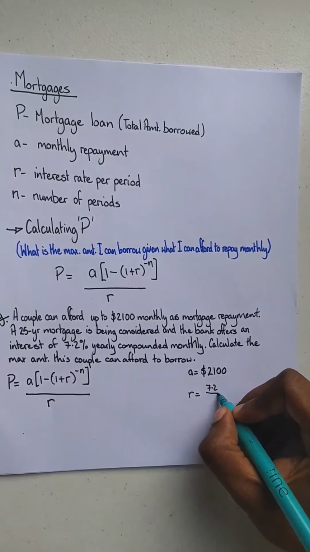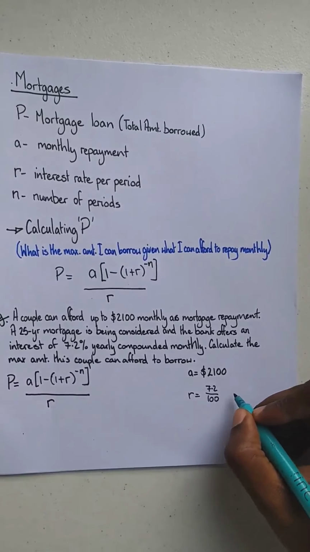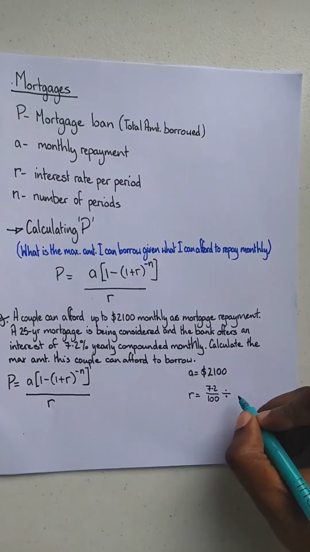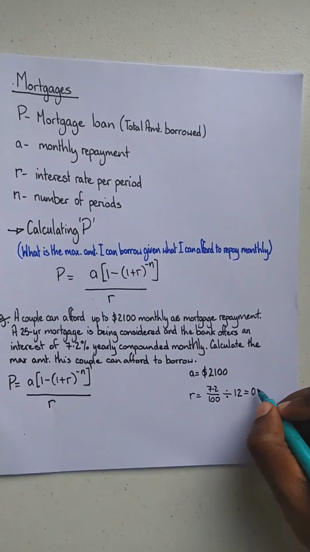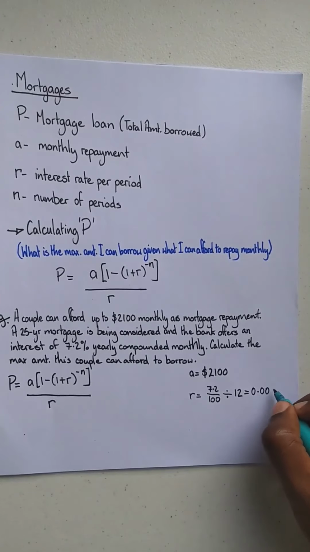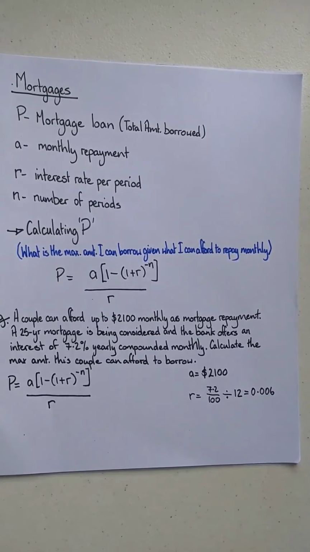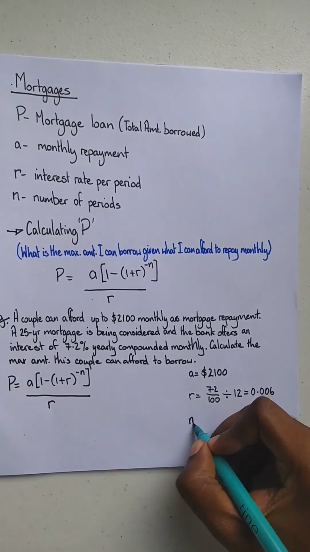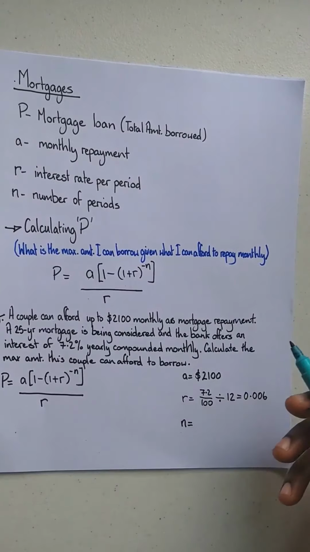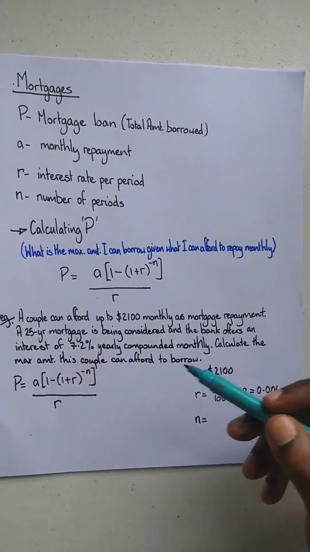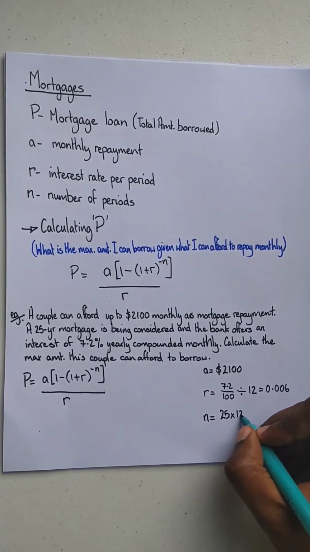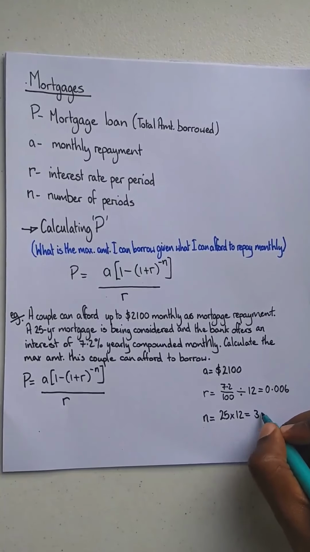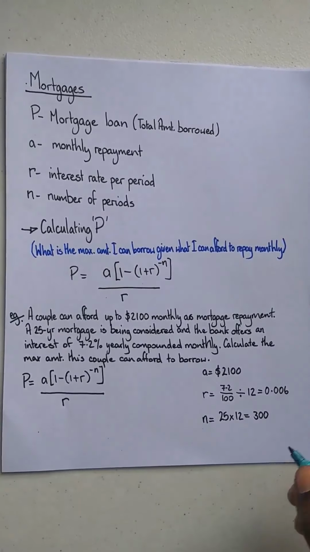It is 7.2% for the year, compounded monthly, which means we divide it by the 12 months that make up a year, which gives us 0.006. N is the number of periods. It's a 25-year mortgage, 12 months each year. That's 300 periods in total.